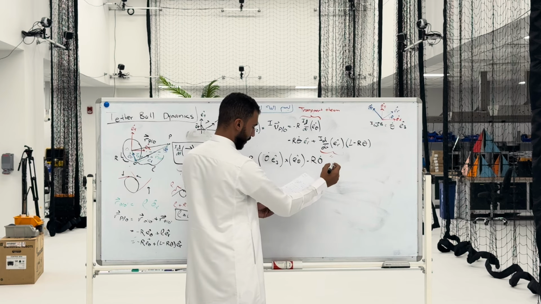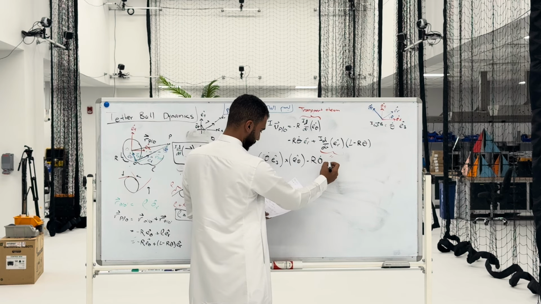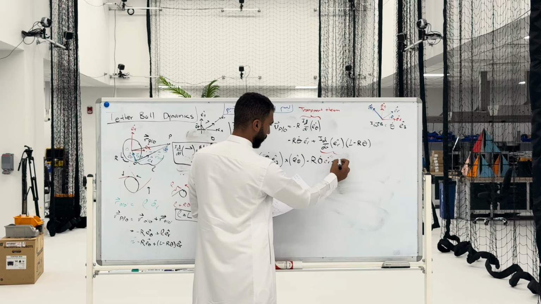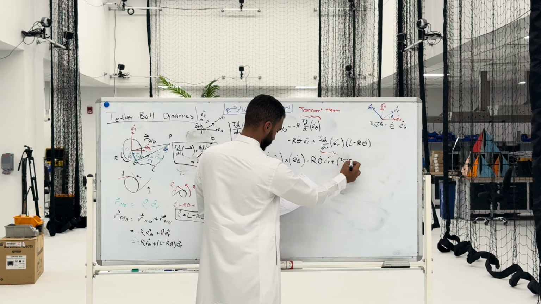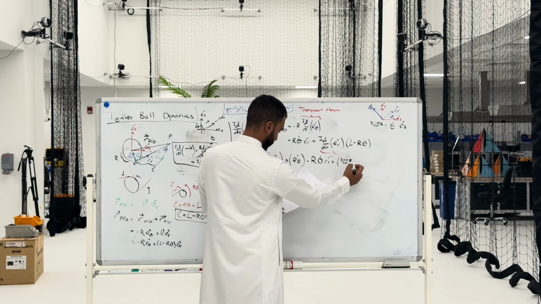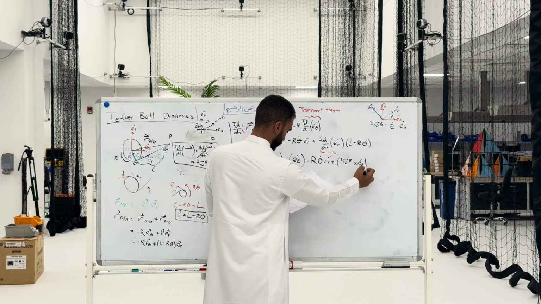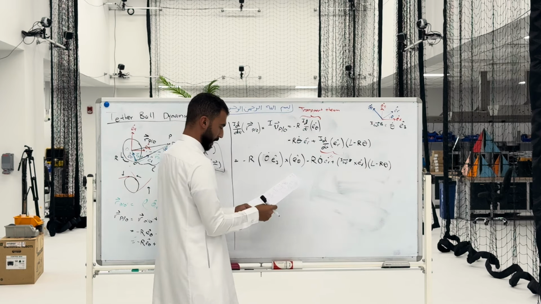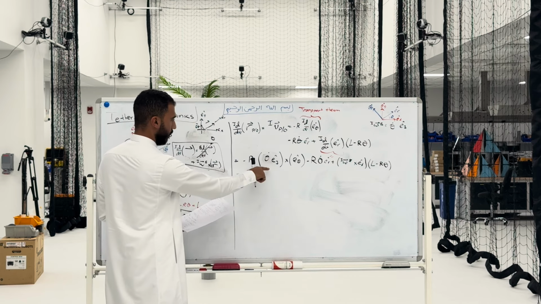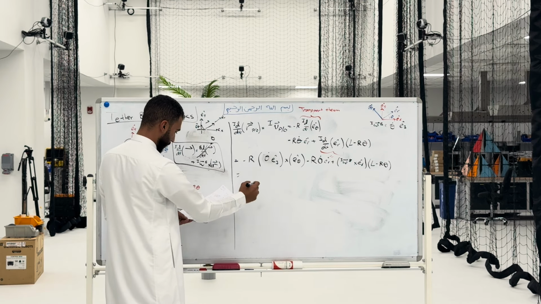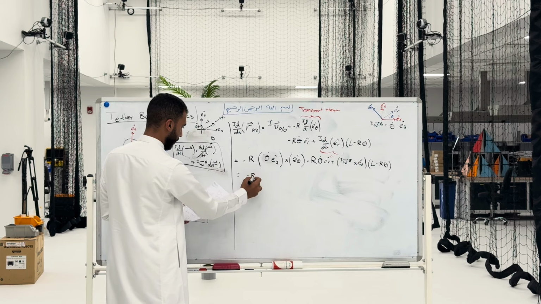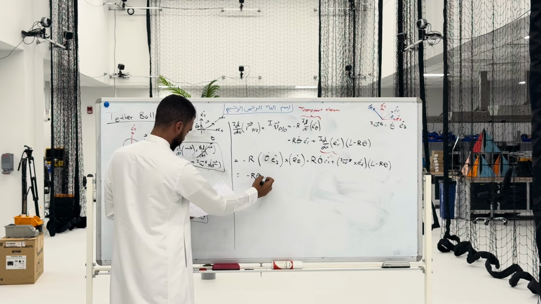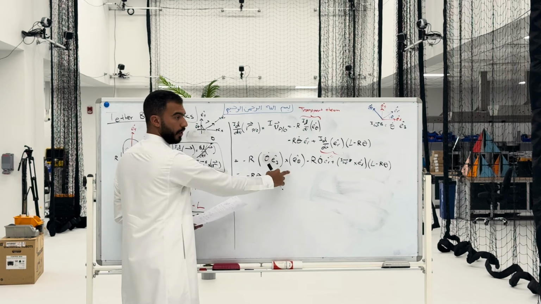Let's do another transport theorem here. Actually, here's ER plus I omega B crossed with ER, L minus R theta. So negative R, what is the cross product of this?